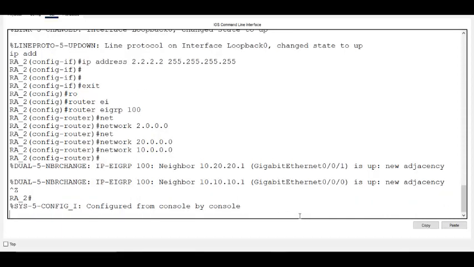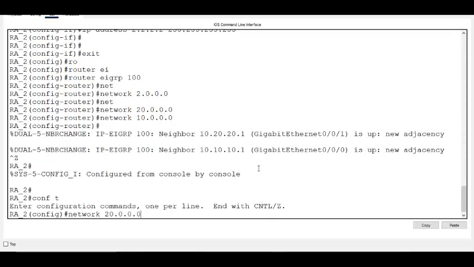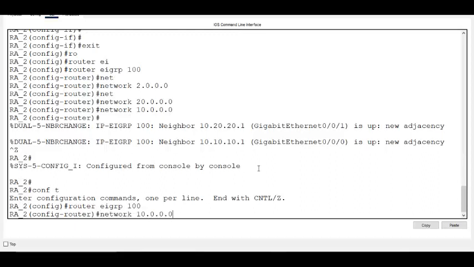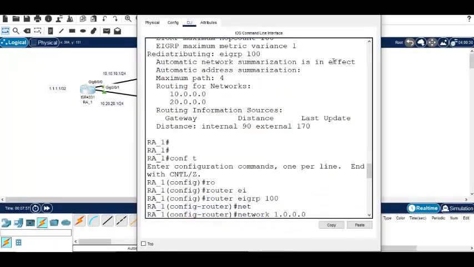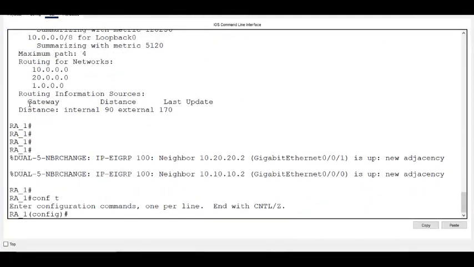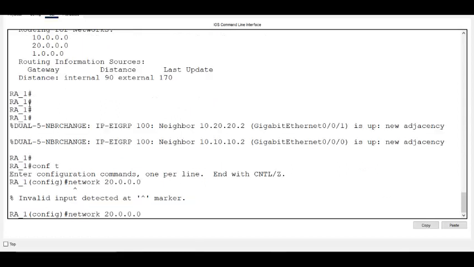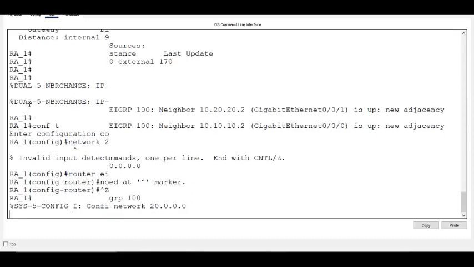We don't have 20, we got 10 only. 10.20 and 10.10, so that's not needed. Even in R1, the 20 is not needed. Anything that starts with 10, we don't have 20. That's a mistake I made, and you also didn't find. Where is 20? We don't have 20 in our network. Show me 20. There is no 20. Do you have 20?